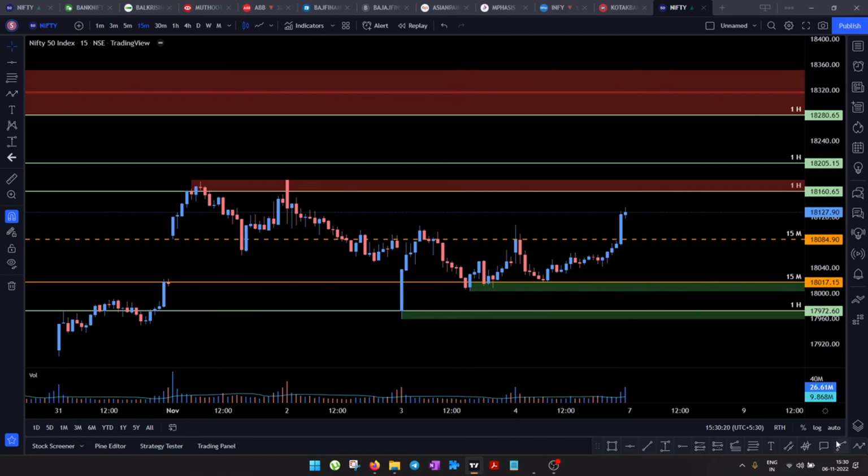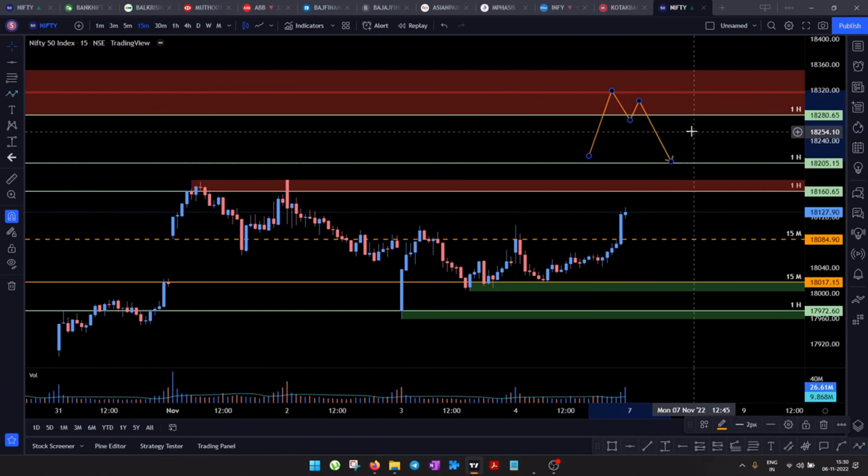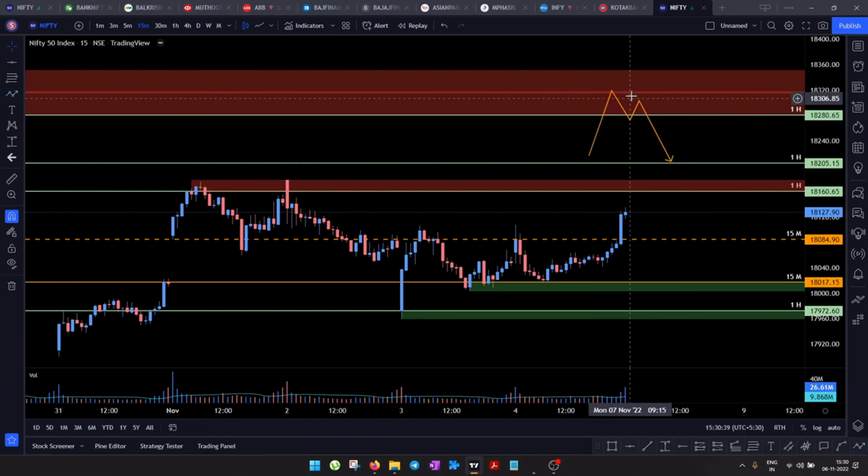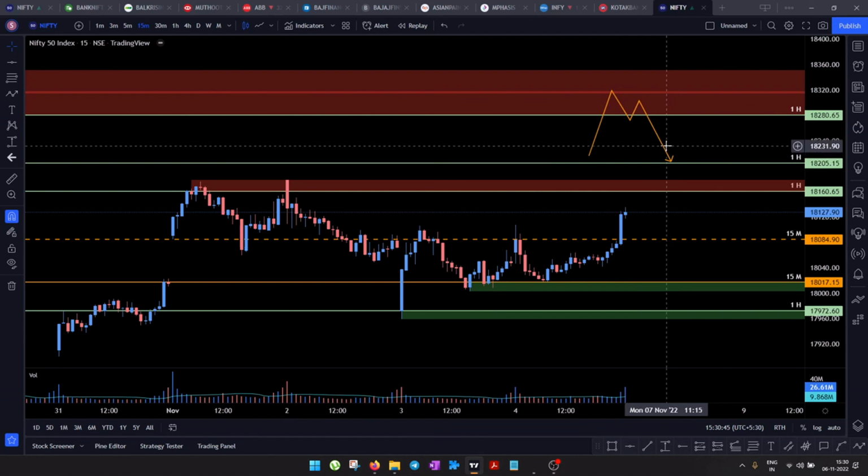What I'm expecting on Monday is, the market should open above this level, at least above this level of 18,200, right? And it should do something like this, maybe go here, probably do something like this, go here again, and then it comes here, right, to 18,200 afterwards in the afternoon or maybe whenever, right? So probably this is the kind of trade I'm looking for on Monday.